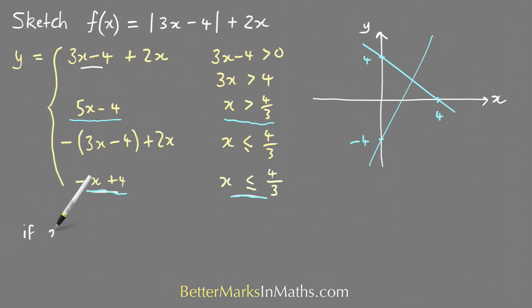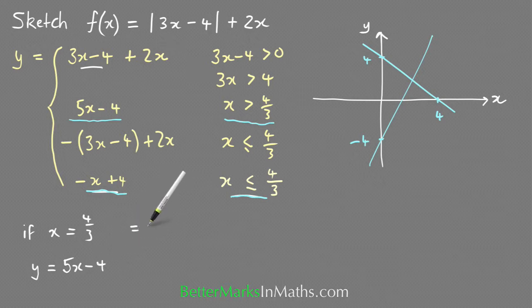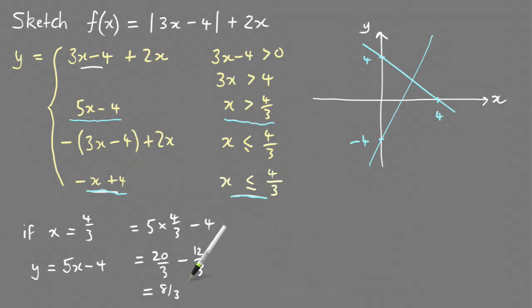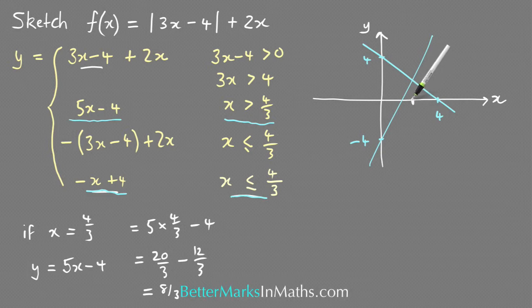So if x equals 4/3, then y equals 5x minus 4 becomes equal to 5 times 4 on 3 minus 4. This is 5 times 4 is 20 on 3, minus 4 is 12 on 3, and that equals 8 on 3. So that's 8/3.